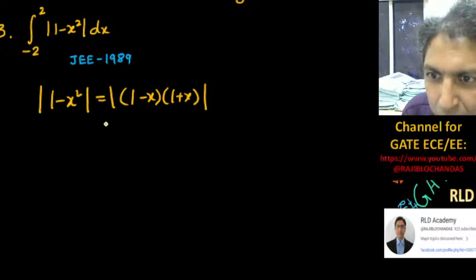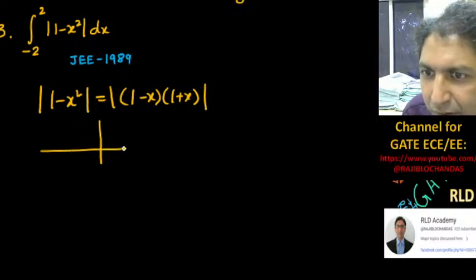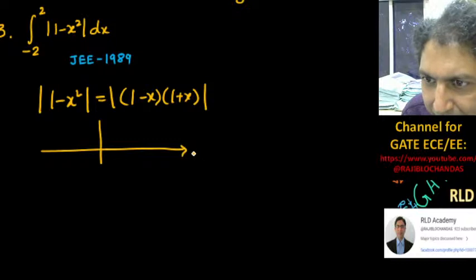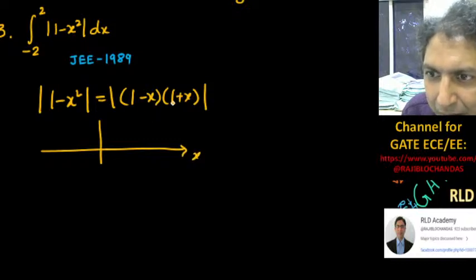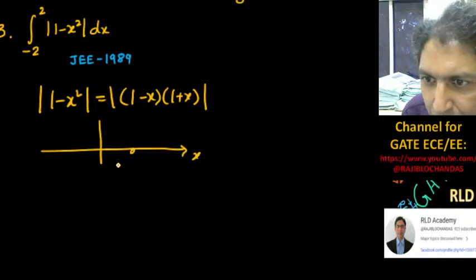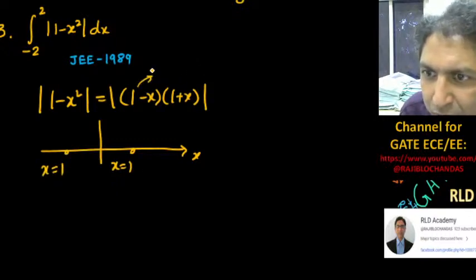So this is the x axis. Now these 2 points: x equals 1 here and x equals minus 1 here. At x equal to 1 the value will be 0, and it will be 0 at x equals minus 1.